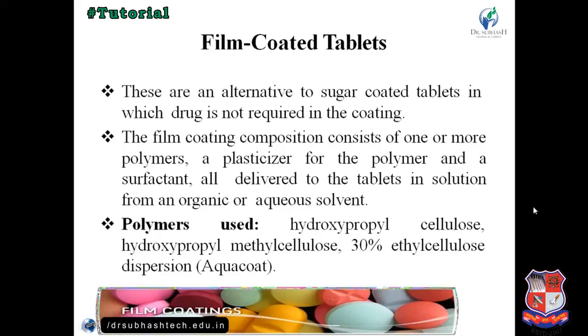Polymers used in film coated tablets are HPC, hydroxypropyl cellulose, HPMC, hydroxypropyl methyl cellulose, and 30% ethyl cellulose dispersion, also called Aquacoat.